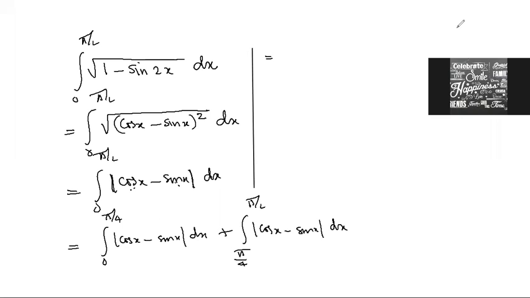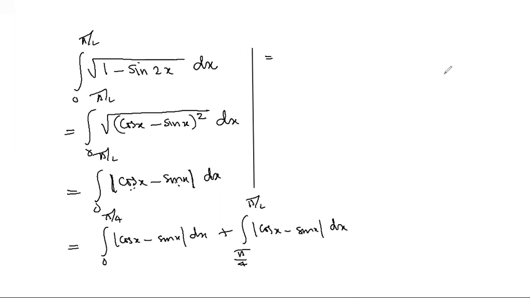If you remember the graph of cos and sine, it is like this. If I draw the graph of cos x, where do they intersect? That point is pi by 4. Let me make it a little bigger, I think it is too small for me to explain.